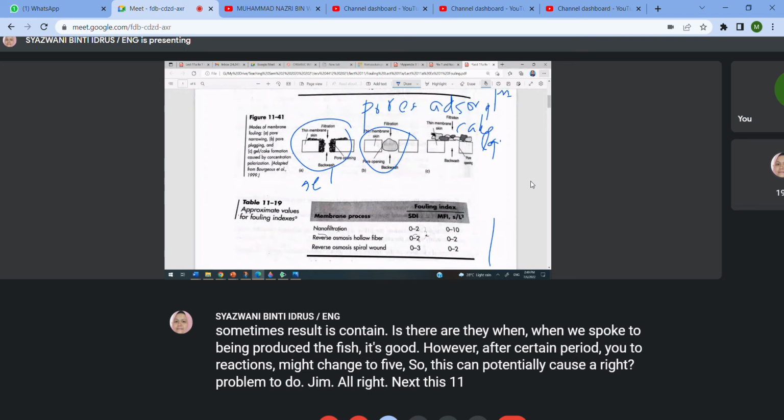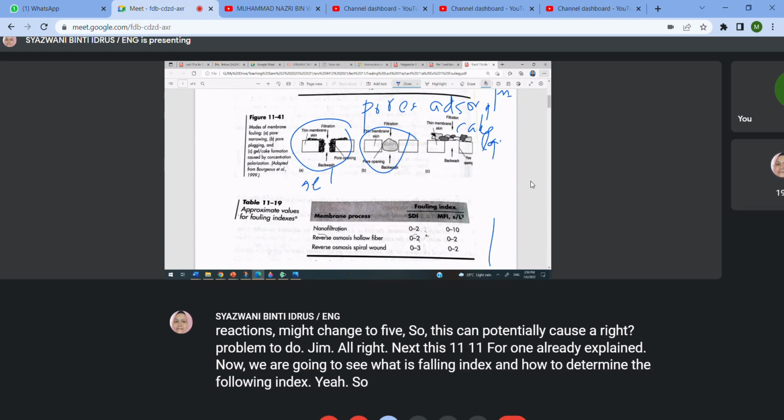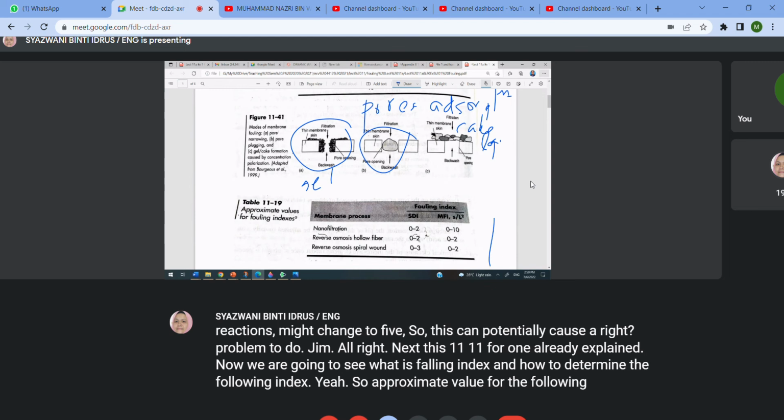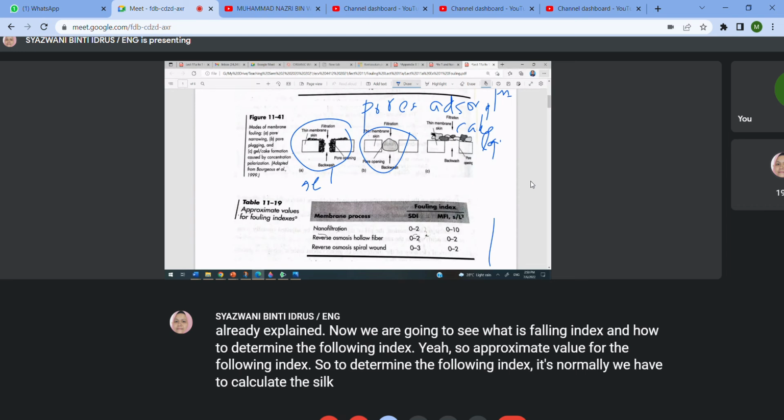Okay. All right. Next, 1.1 has already been explained. Now we are going to see what the fouling index is and how to determine it. To determine the fouling index, normally we have to calculate the silt density index, which is SDI.